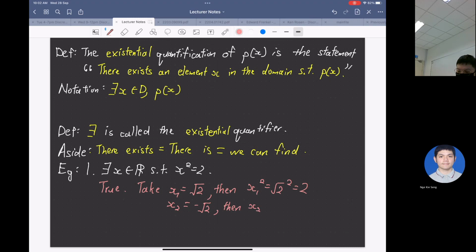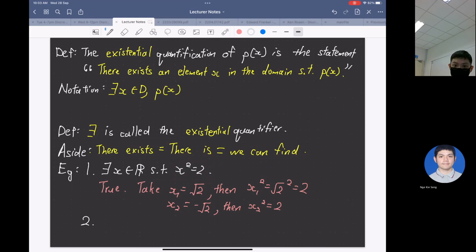In fact, these are the only two, so at most two solutions. This square root 2 comes from the Pythagoras right-angle triangle.